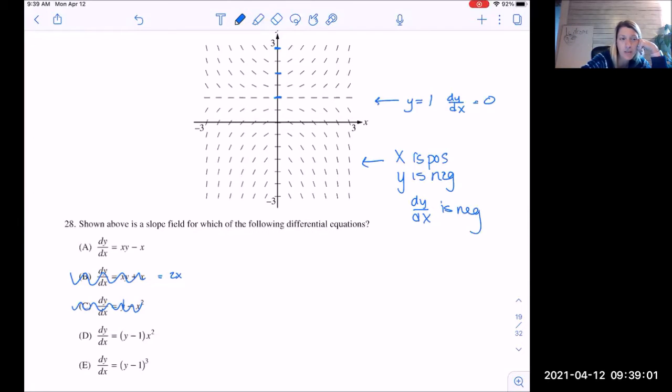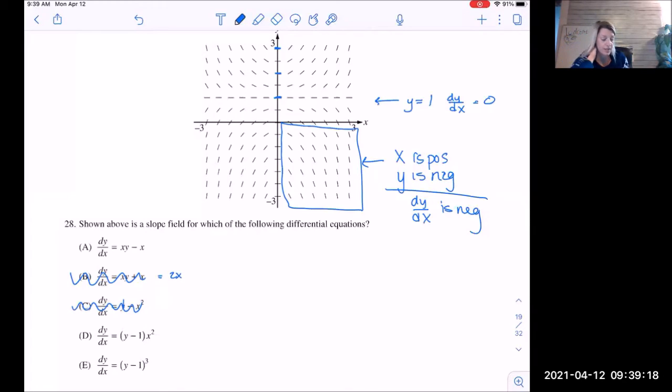That's what I can say from that quadrant. So if x is positive and y is negative, then dy/dx is negative.